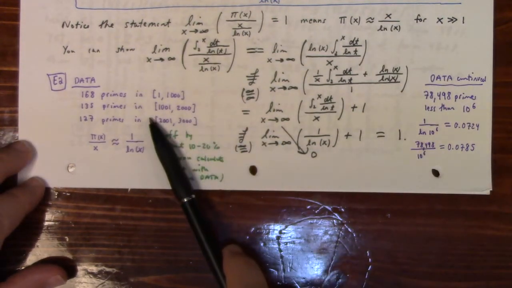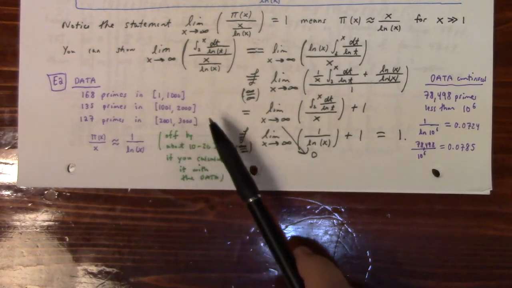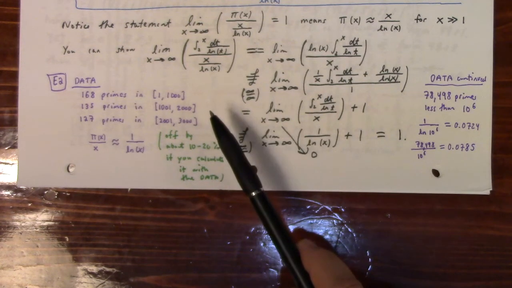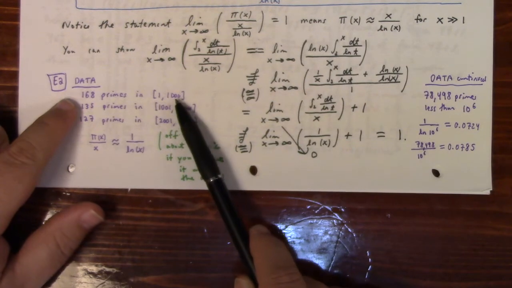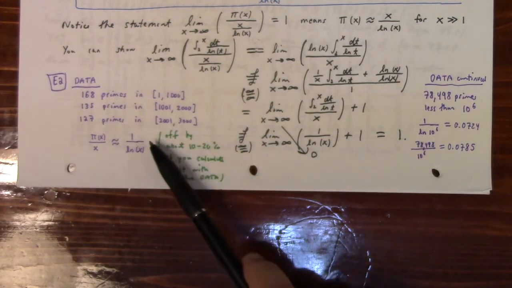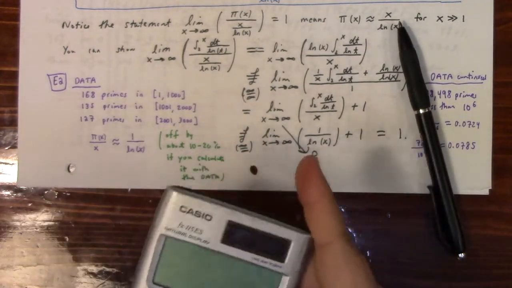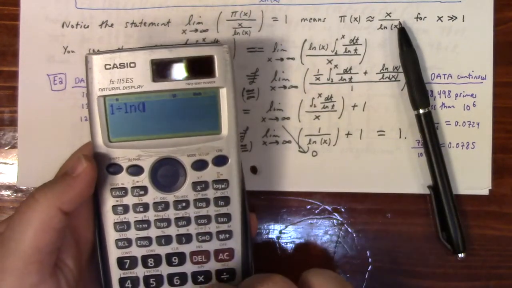So, here's some data supporting this, just to try to bring to life the idea here. If you look at the number of primes from 1 to 1,000, there are 168 of them, as it turns out. If you look at 1 over the log of 1,000, what's 1 divided by the natural log of 1,000?